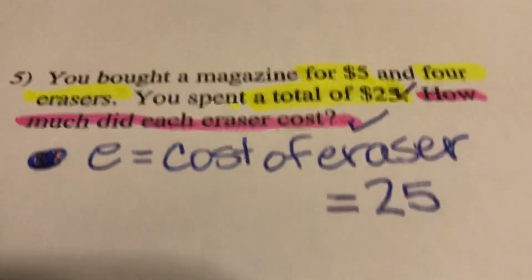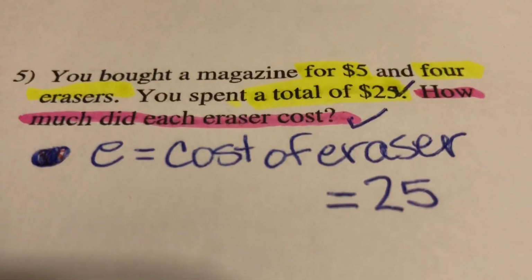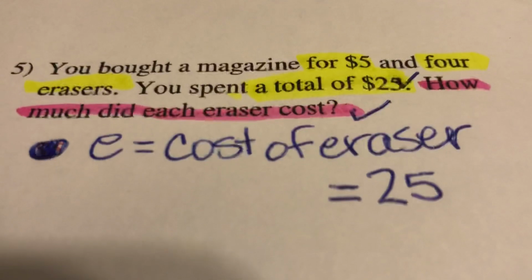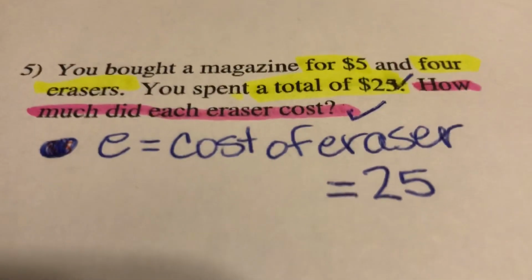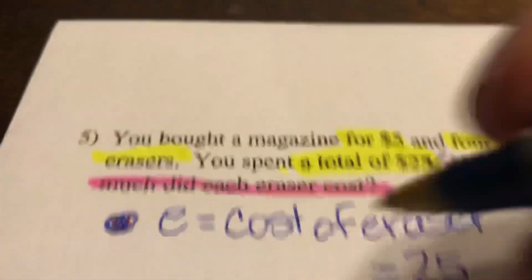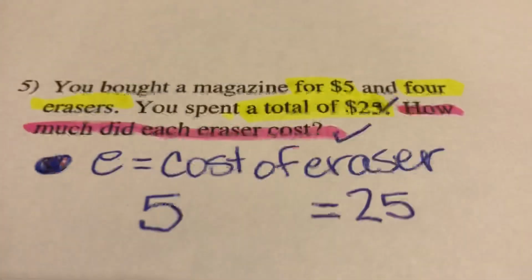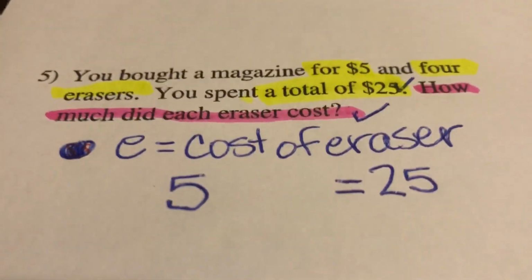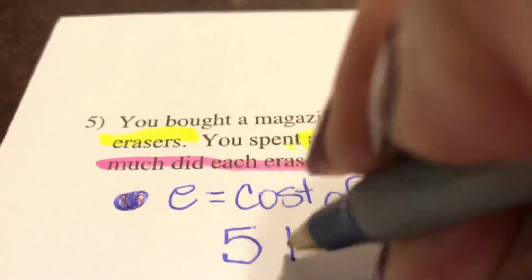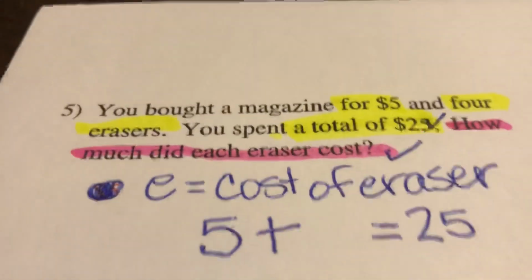Then I look and I see, okay, well, the first thing they say that they did is they spent $5. So I know that they spent 5. So I'm going to come over here and I'm going to put 5 right here because they bought that magazine. Then it says and. So I know and means plus 4 erasers.